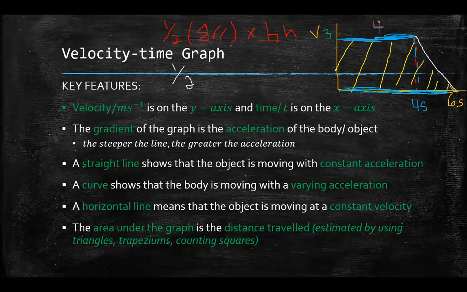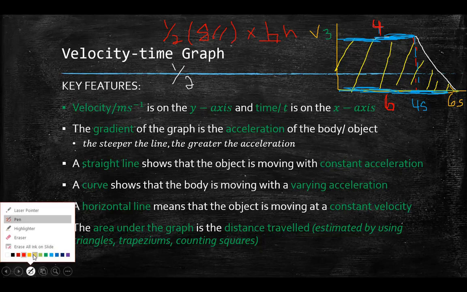So the length is 4 because we're going from 0 seconds to 4 seconds. And this length is from 0 to 6. So that will give me 6. Do you understand how I got the 4 and 6? Okay. So that's my parallel sides.